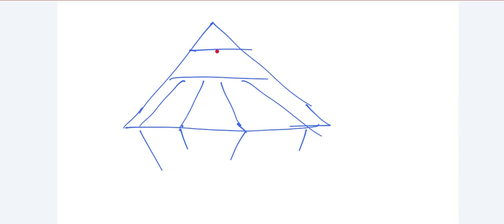Somewhere here is the granite. This is granodiorite. This is tonalite. So this region is granite.